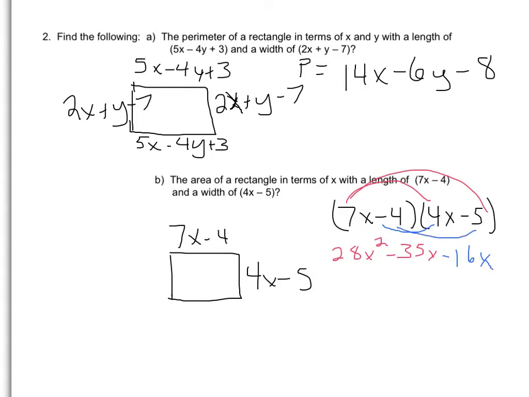And negative 4 times negative 5 is positive 20. Now we're going to combine the x terms here. So I end up with area equals 28x squared minus 51x plus 20.